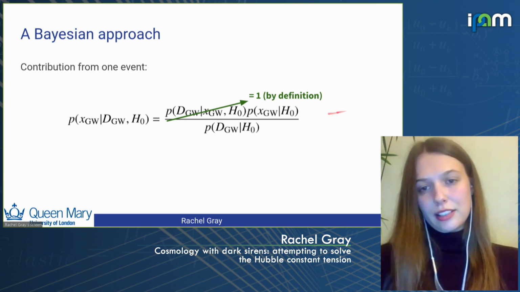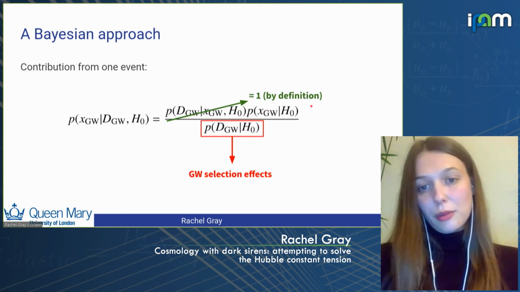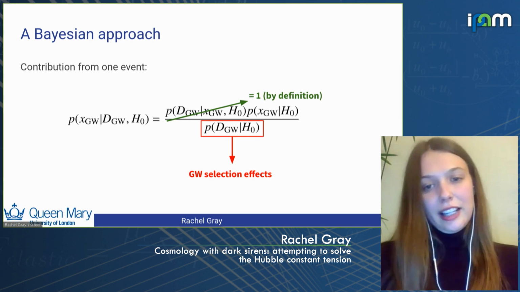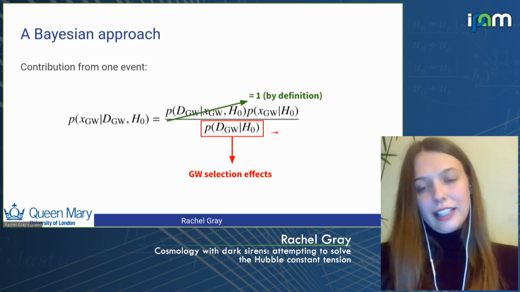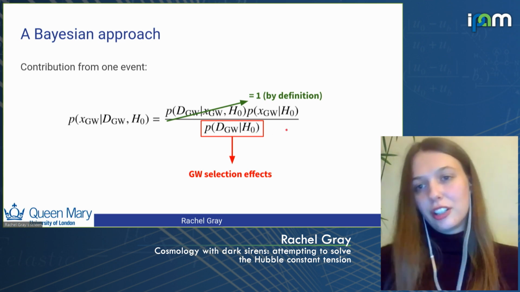So this leaves two other terms: the numerator, which contains the gravitational wave information specific to that event, and then the denominator, which basically constitutes gravitational wave selection effects. And this basically acts as a normalization term. And because it depends on the Hubble constant, it's not a normalization term that we can neglect.